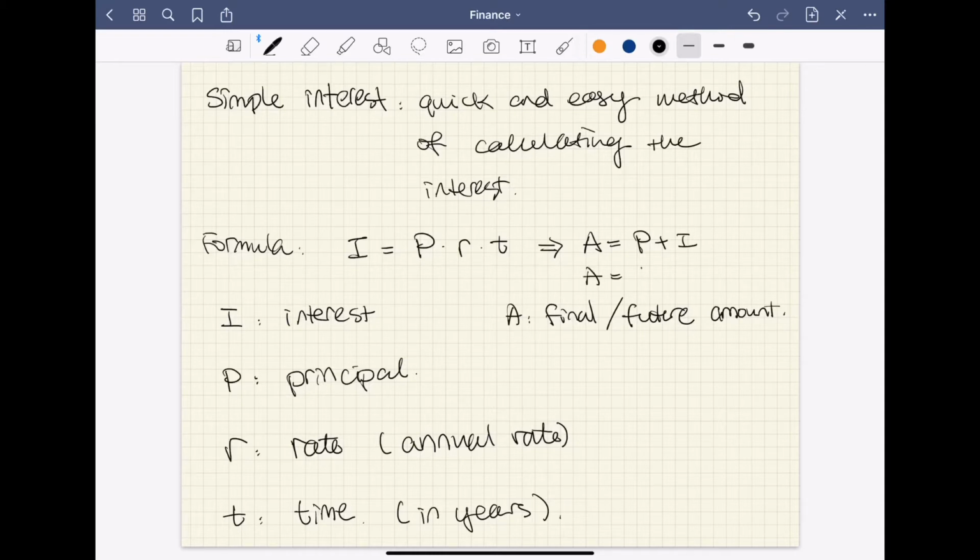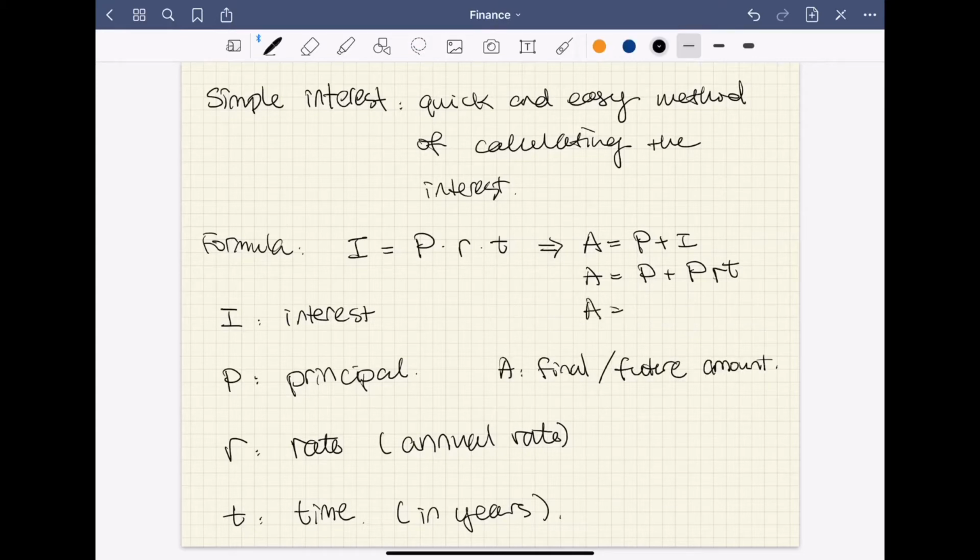And we know I is equal to PRT, so A is equal to P plus PRT, which is the same as saying P times (1 plus RT).